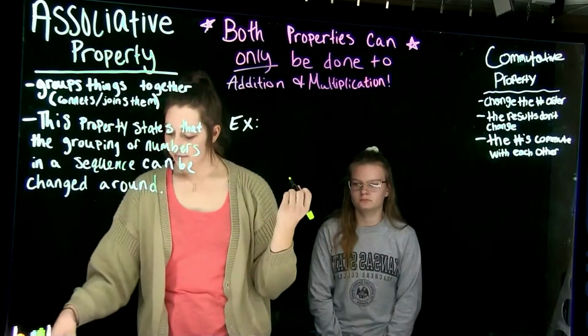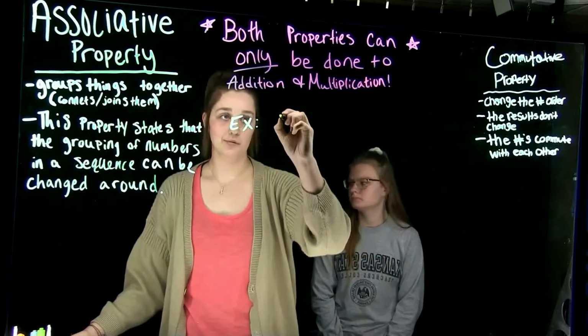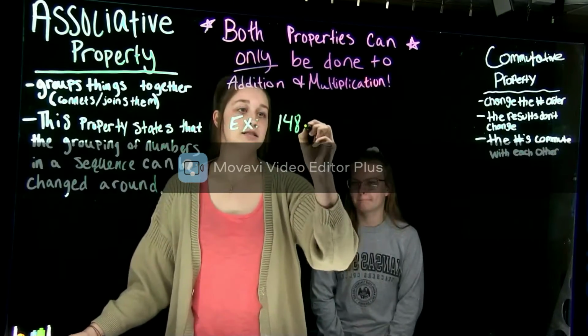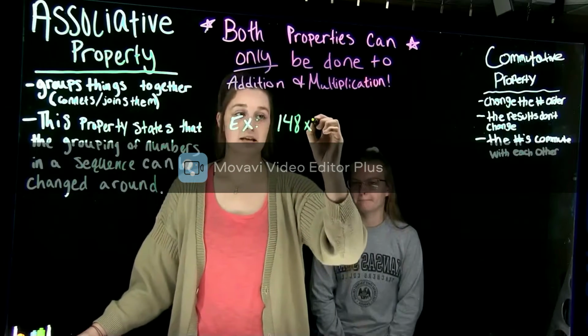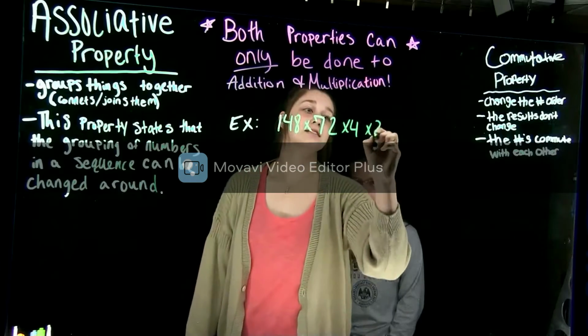So for another example of different numbers, you could have 148 times 72 times 4 times 8.